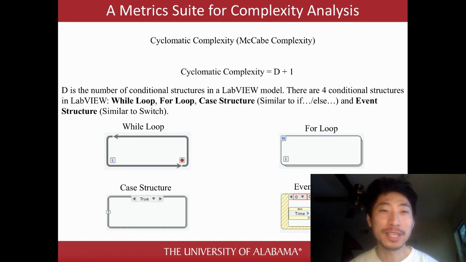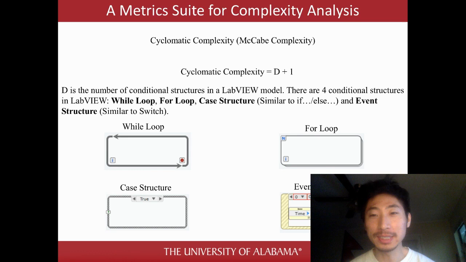The first metric in our suite is cyclomatic complexity. Cyclomatic complexity is one of the most classical metrics for characterizing model complexities. It deals with the conditional structures in the program. Mapping the concept to LabVIEW models, we are concerned about how many conditional structures are in the LabVIEW model.